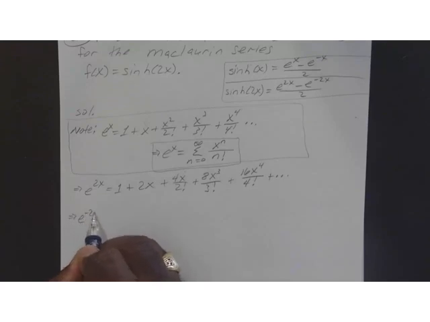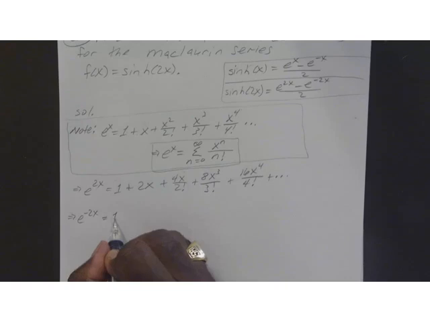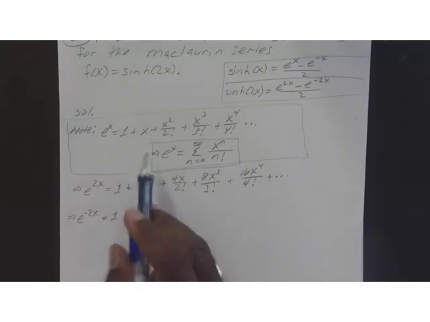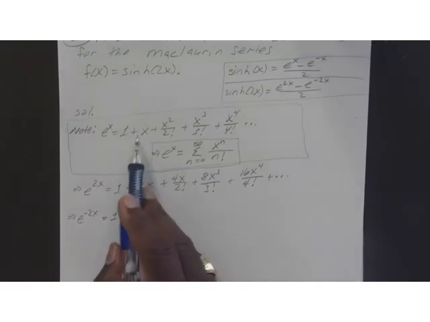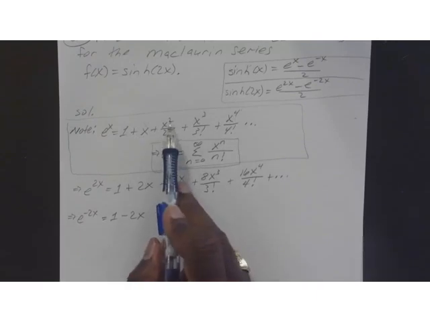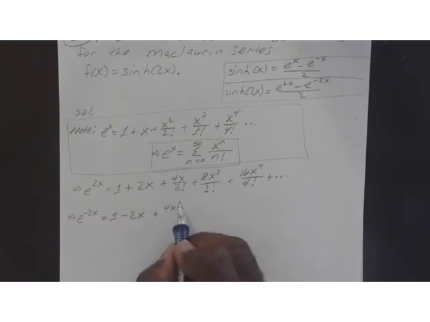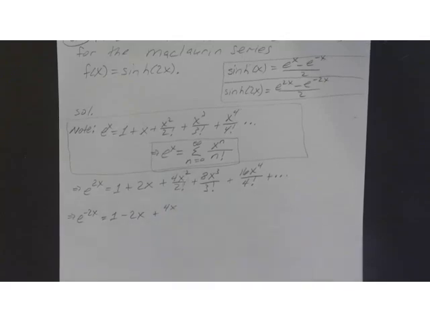And we know that e to the power of negative 2x, well, the first term is also 1. Minus 2x, since we're replacing x with negative 2x. Okay, so negative 2x squared is still going to be positive. So that's plus 4x squared divided by 2 factorial.